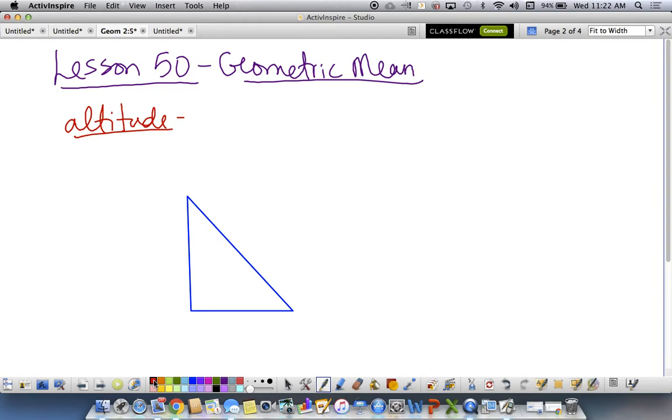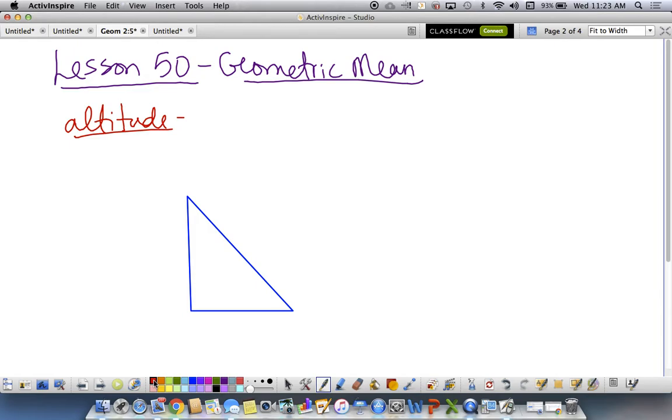More specifically, when we did this, how many altitudes could we draw? I see fingers. You can actually draw three altitudes in a triangle. Okay? How in the world are we going to do that? We did one. I don't know if we did it in this class. Each vertex. We can draw an altitude from each vertex to the opposite side.